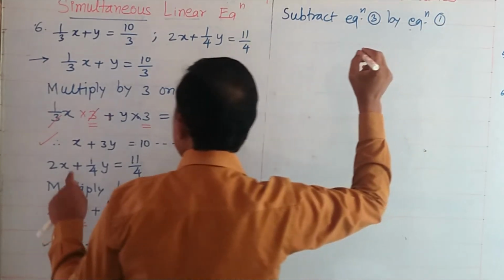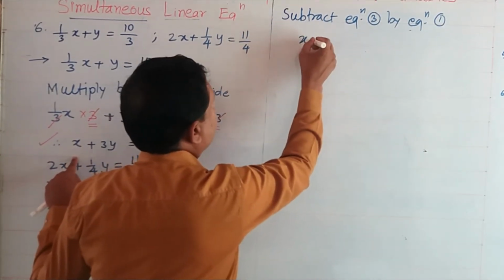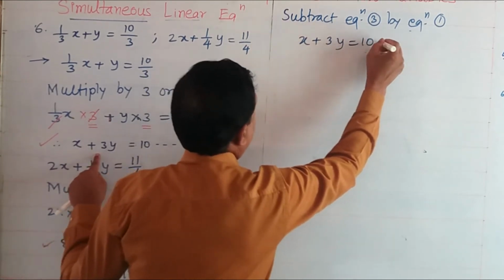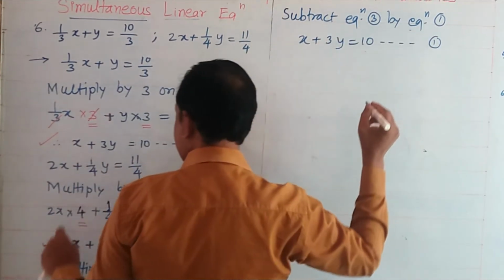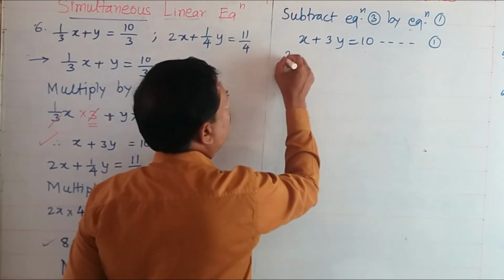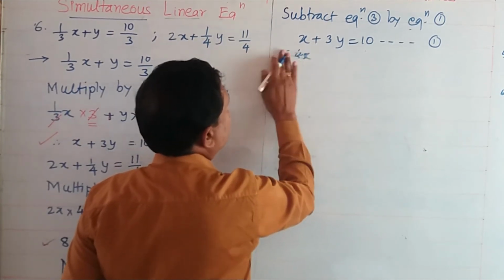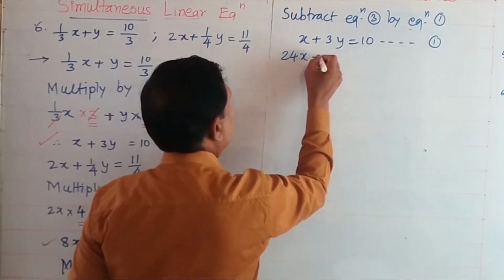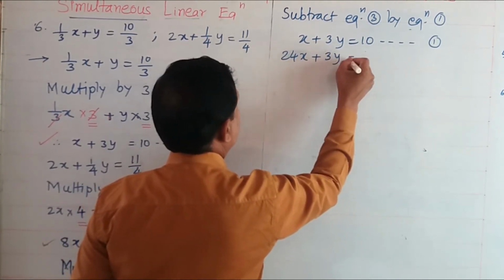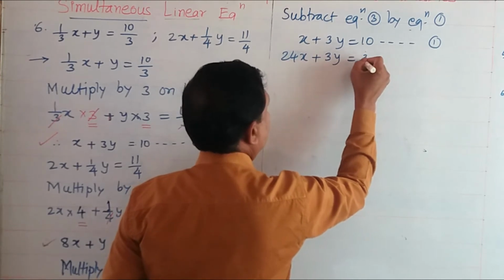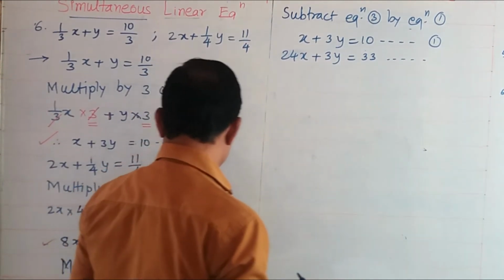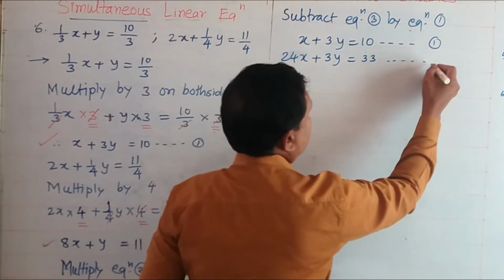Write down equation 1 first. x plus 3y is equal to 10 as equation number 1, and the third equation is 24x plus 3y is equal to 33. Equation number 3.